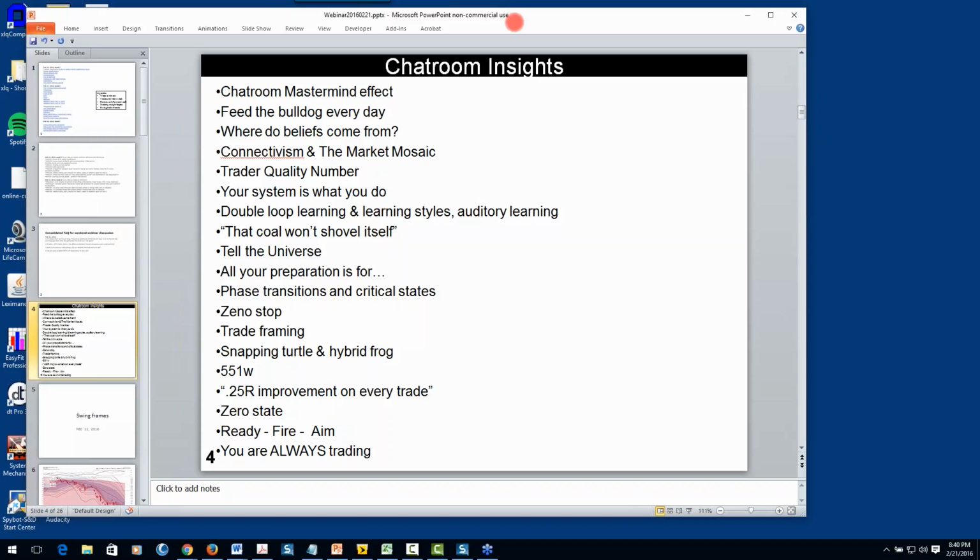These were originally some things that I started talking to the Super Trader program about, because I was concerned that they were not paying enough attention to the ongoing lessons learned that come from the practice of trading. They're doing a lot of theoretical work and psychological work in preparation, and then they get their systems and off they go.